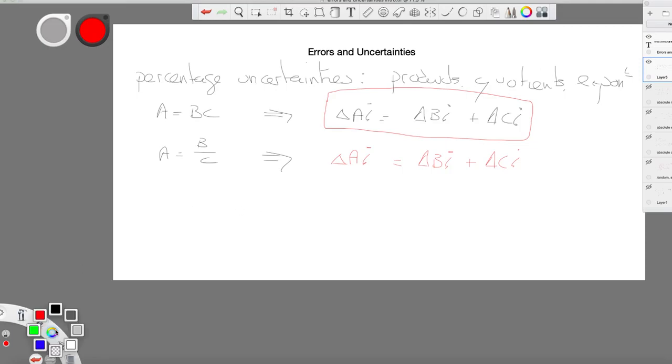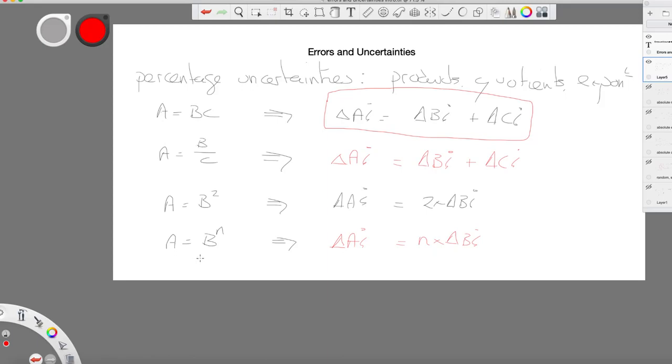If we had A equals B squared, then the percentage uncertainty in A would be 2 times the percentage uncertainty in B. So that generally leads us to, if A equals B to the n, then the percentage uncertainty in A is n times the percentage uncertainty in B. So the percentage uncertainty in the area of a square would be twice the percentage uncertainty in the length of the sides.